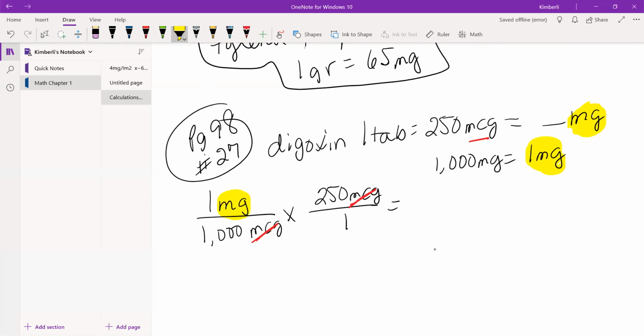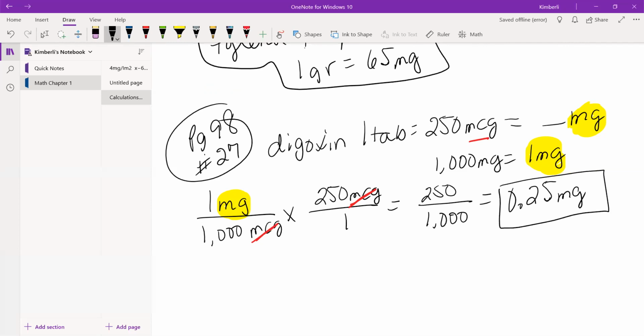So this tells me to take the 250 and divide it by 1,000, which is going to give me 0.25 milligrams as my answer, because 250 divided by 1,000 is 0.25. So that's my answer, 0.25 milligrams.